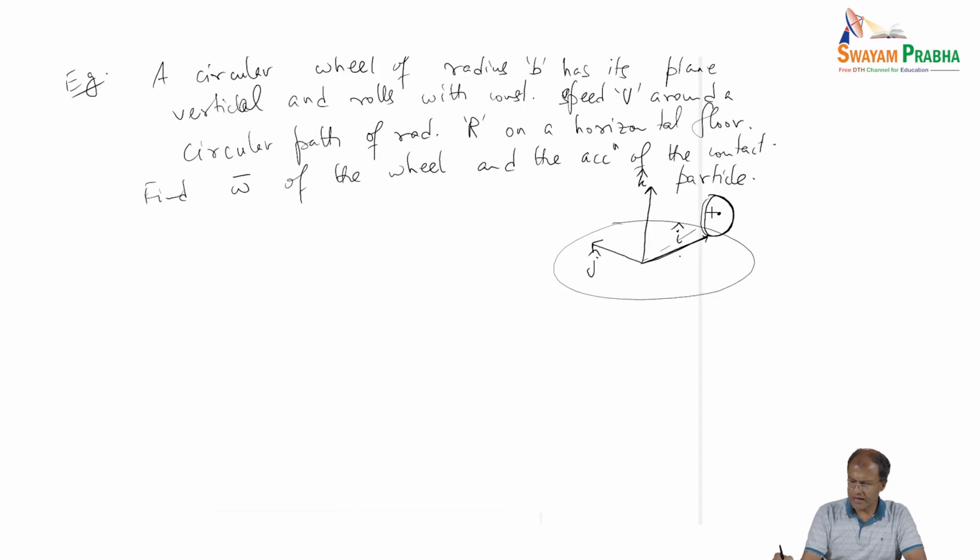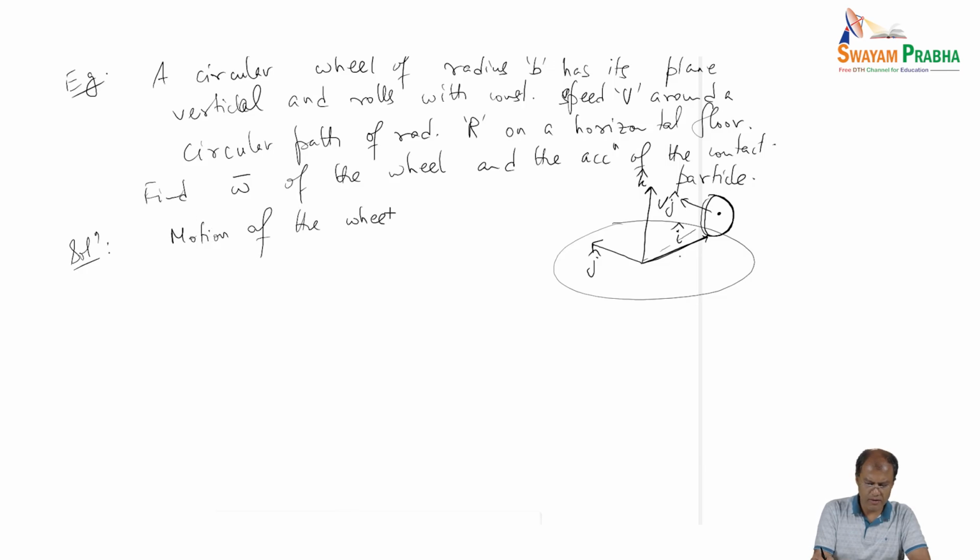In this moving frame, the center of the wheel is moving along the direction j hat, right? So that is fixed. The frame itself is rotating with the wheel, right? So what we have chosen is that the motion of the wheel is going to be seen with respect to the rotating frame.